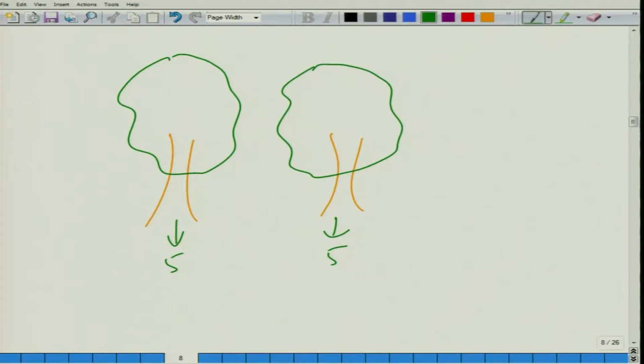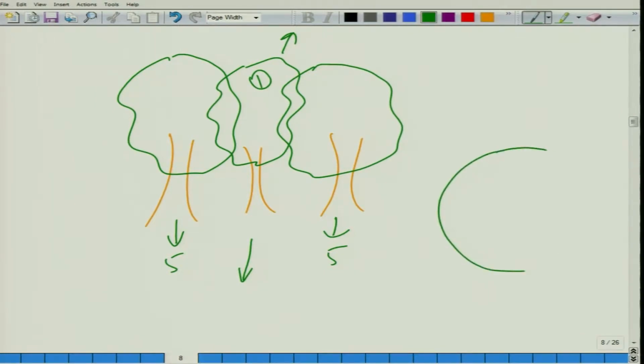Whereas if you now included a few other trees in between, so suppose your stand is very dense, it grows like this, and similarly on this part and on this part also we have trees. So what would happen if you look at the top view of this tree? It would look something like this. So this is the canopy.